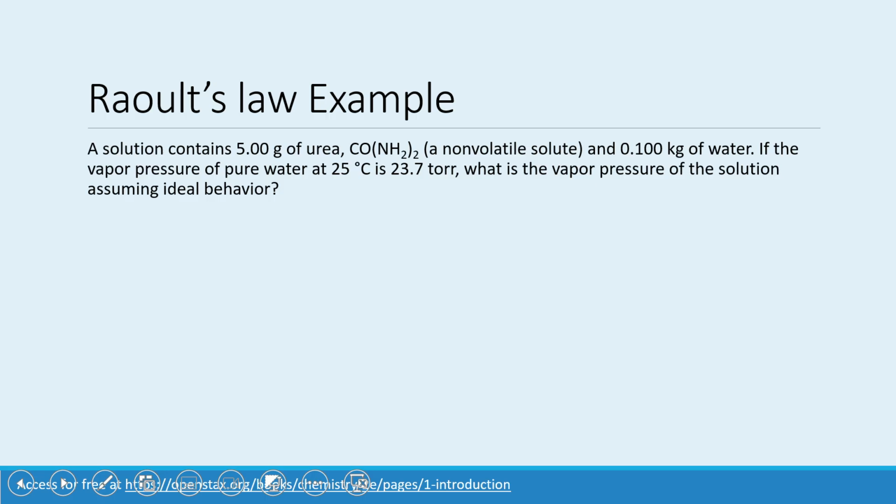So the only substance that's going to contribute to the vapor pressure will be the solvent, which in this case is water. Okay, so we have 0.1 kilograms of water. If the vapor pressure of pure water is 23.7 torr, what is the vapor pressure of the solution, assuming ideal behavior?